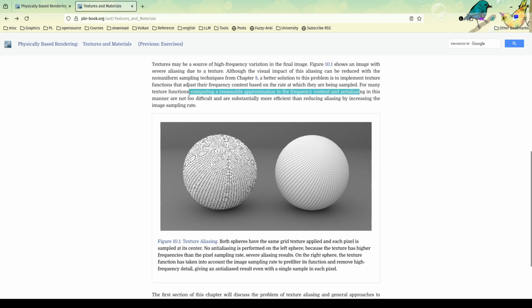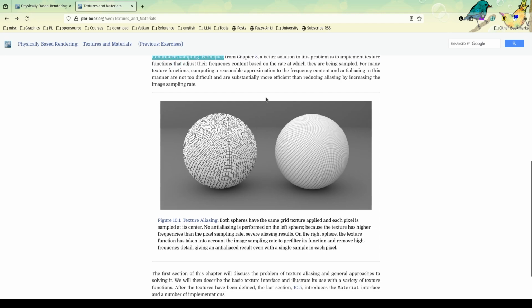For many texture functions, computing a reasonable approximation to the frequency content and anti-aliasing in this manner is not too difficult, and substantially more efficient than reducing aliasing by increasing the image sample rate. Because we know the information about the texture, if we deal with it accordingly, it's much better than just using a general technique for everything.